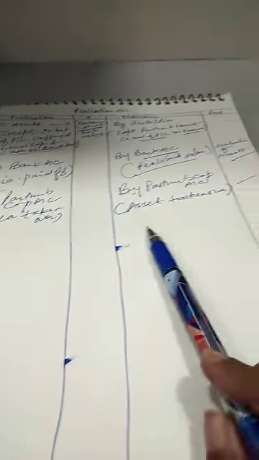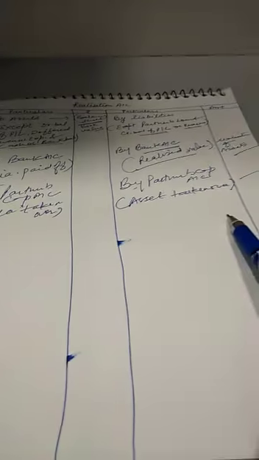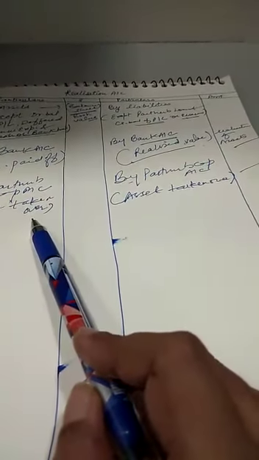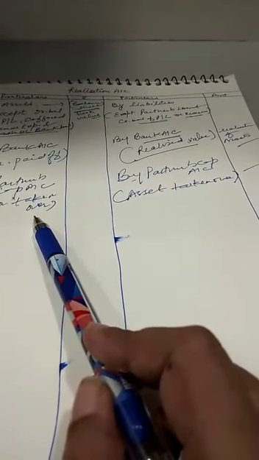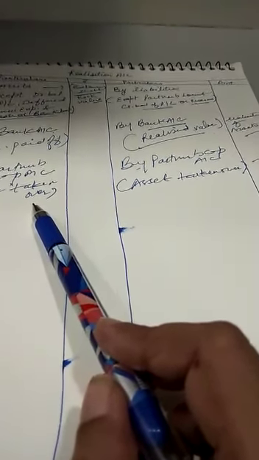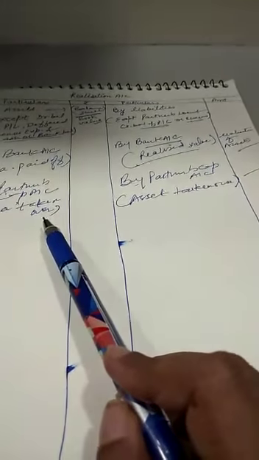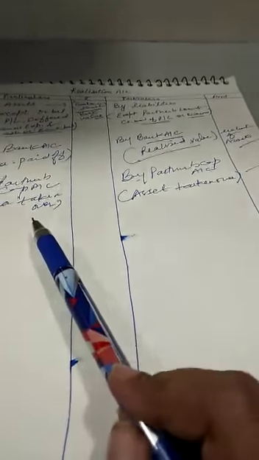If any partner takes over an asset, the entry will be by partner's capital account. If any partner takes over a liability, the entry will be to partner's capital account. I discussed each and every logic in the journal entries in the previous videos.